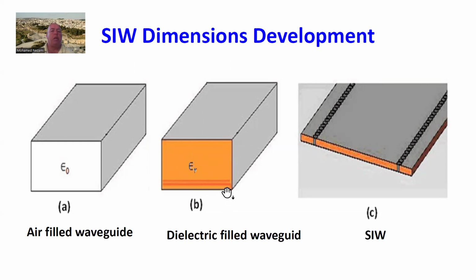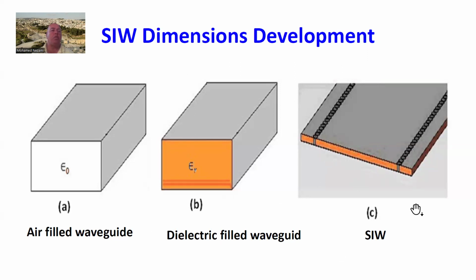You could still have a height whatever you want and still get the TE10 mode to propagate. Since the height is irrelevant in this case, we can go from here to a substrate integrated waveguide by doing this, where the height was reduced from the B dimension to the height of the substrate.